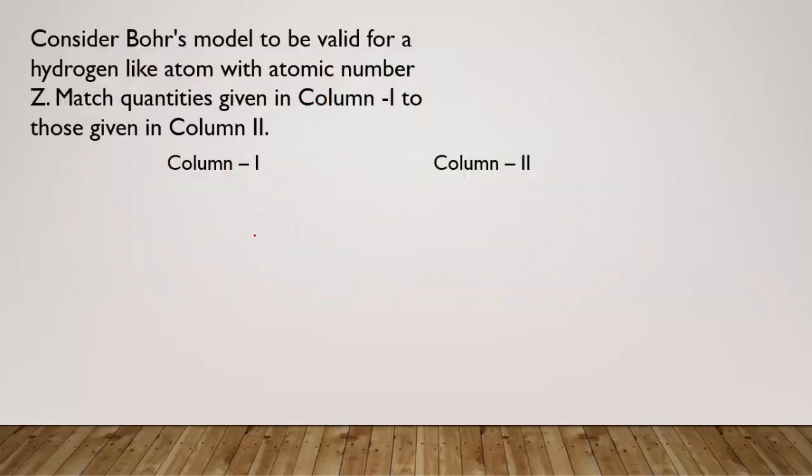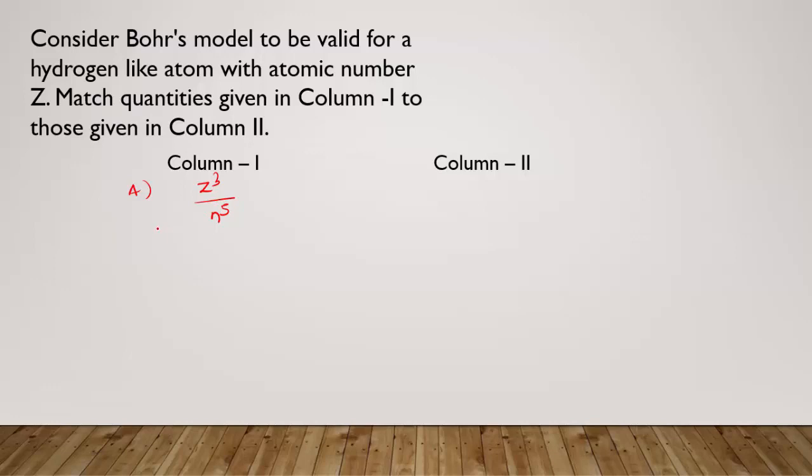And the second question is: consider Bohr's model to be valid for a hydrogen-like atom with atomic number Z. Match quantities given in column 1 to column 2. Now I write the values in column 1 and column 2. In column 1, the first one is Z cube divided by n to the power of 5.